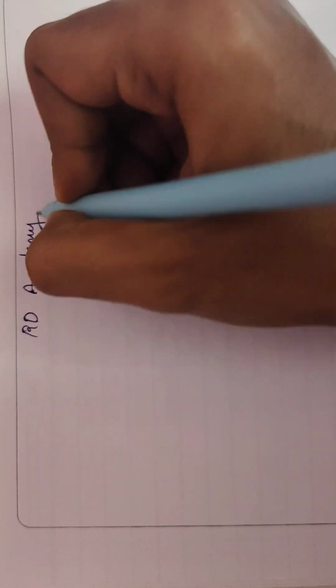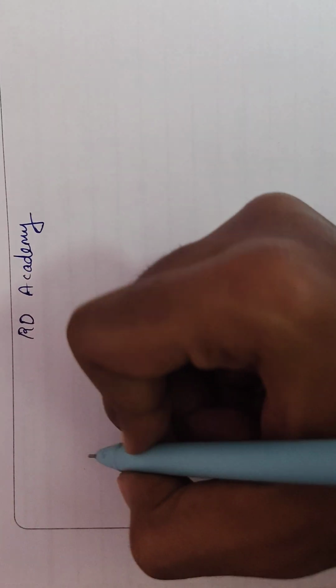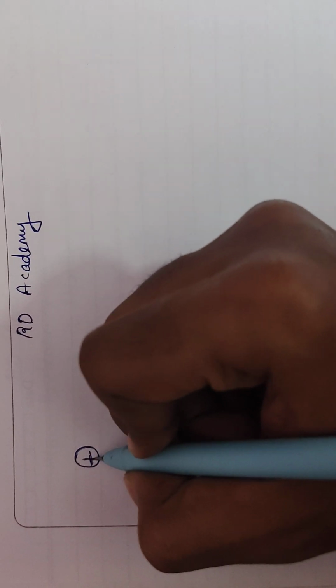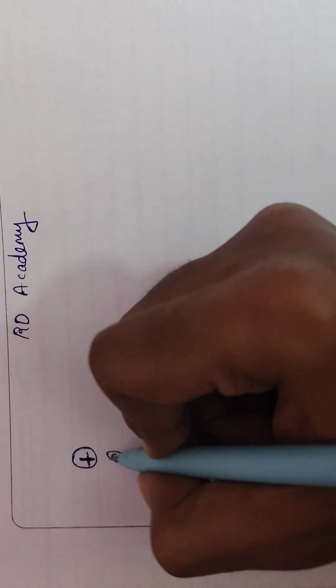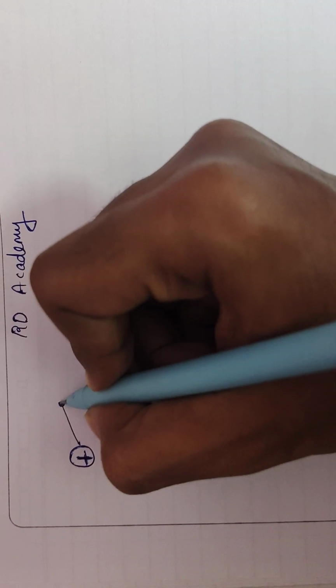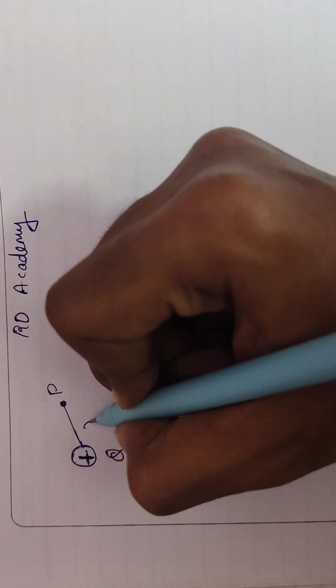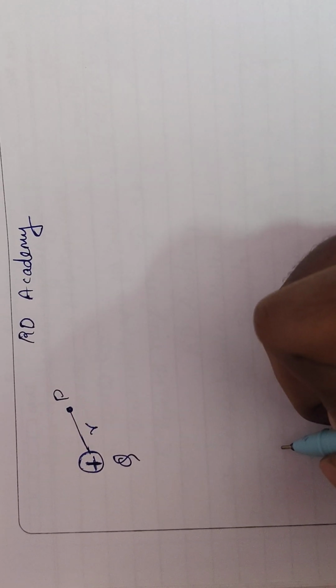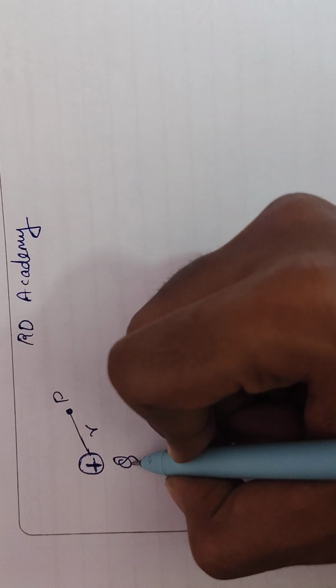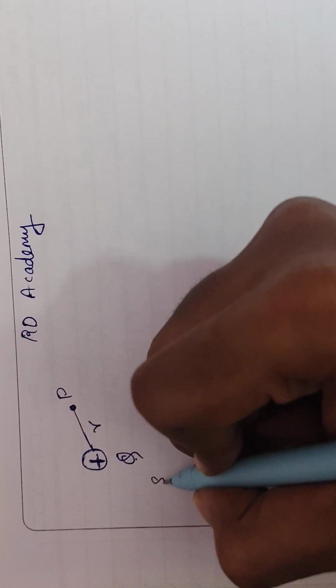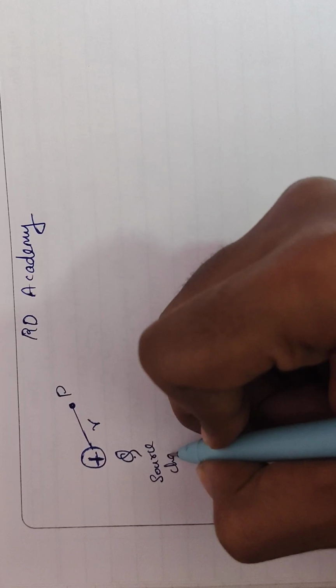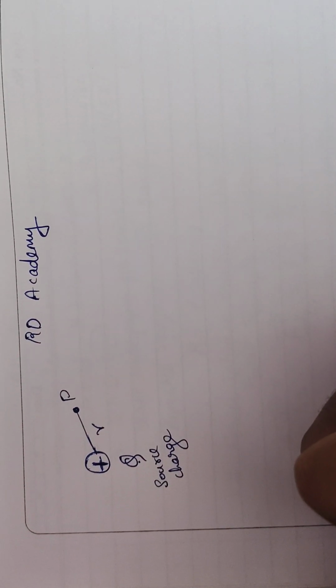Always remember, while solving numericals, they will ask you to find the electric field due to some charge capital Q at a point P, which is at a distance R from it. Now this charge, which is the source of the electric field, is called the source charge.